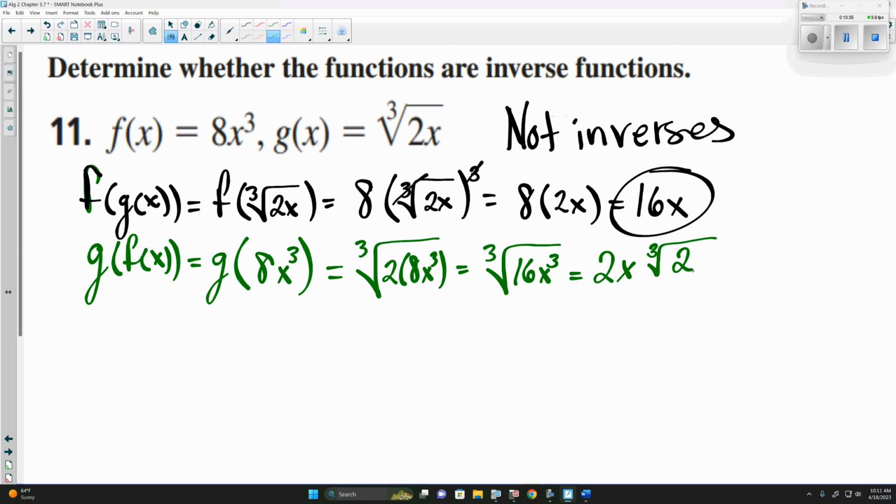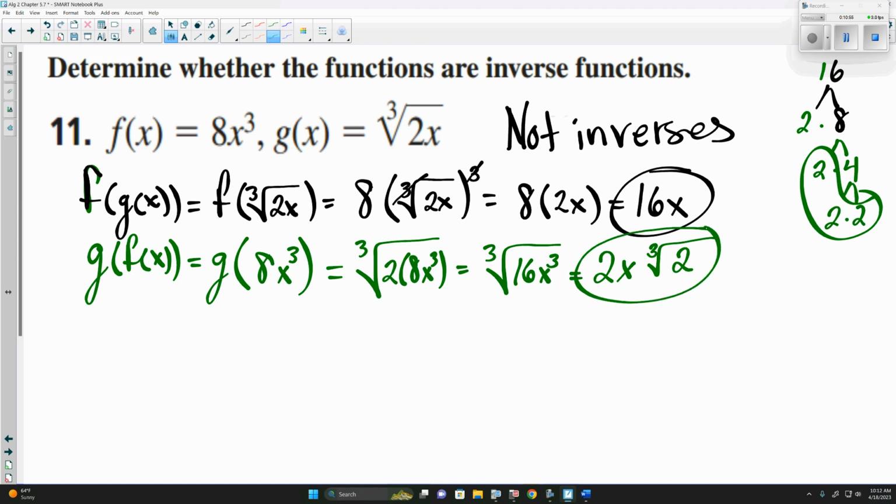So for 16, we have 2 times 8, 2 times 4, 2 times 2. We have one group of 2's that can go out of the radical, but one has to stay behind, and we get this here. But the bigger thing is that these two are not the same. They're both not x, so they're still not inverses.